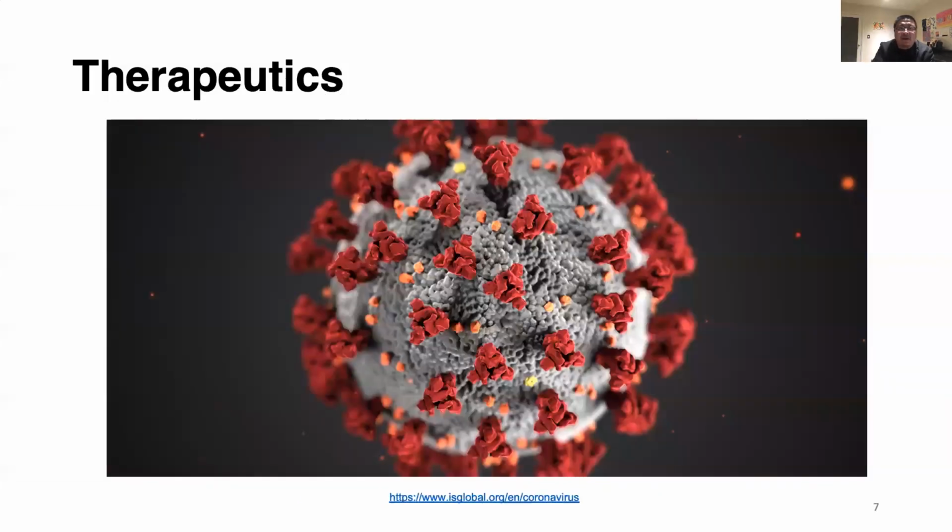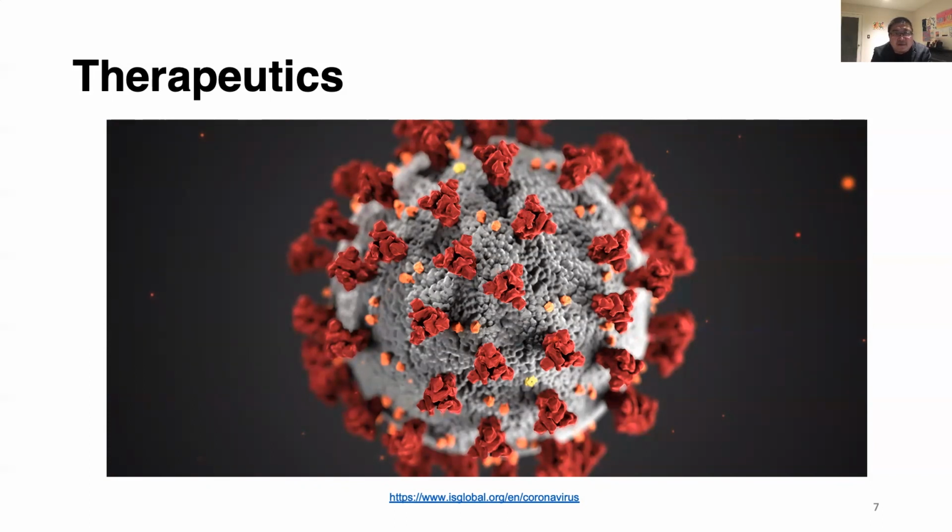The second one is therapeutics. Basic scientists like biologists and chemists, people who study the SARS-CoV-2 virus, which caused the COVID-19 disease, have been looking at whether there is any disease mechanism we can figure out from the microscopic level or the virus level.